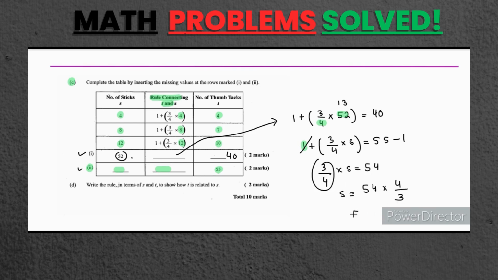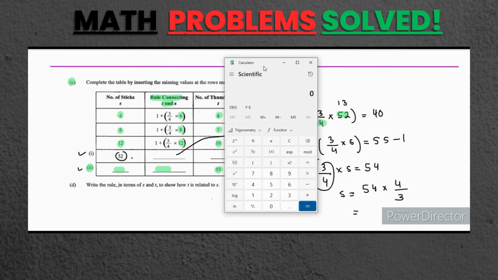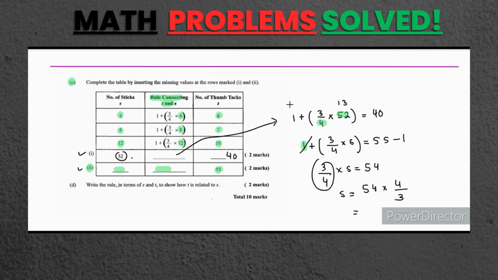So if you simplify it more, 54 times 4, we can use a calculator here, right? 54 times 4 equals to 216 divided by 3 is 72, right? So it will become 72 here. S will be 72, right? And the sequence will become like this.